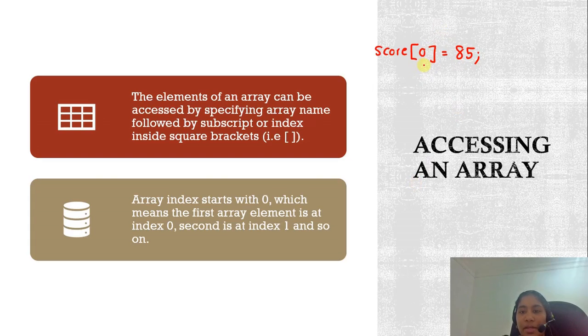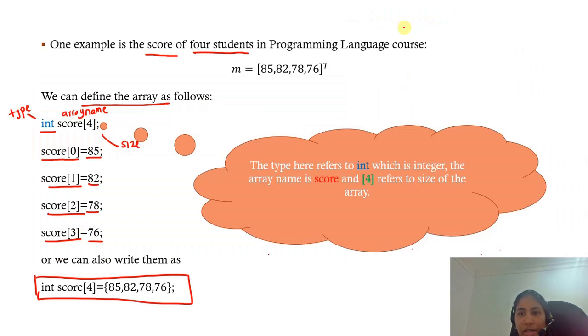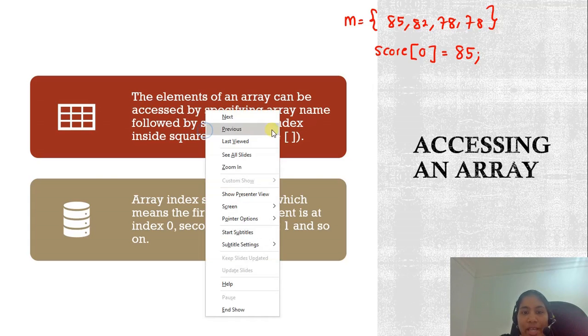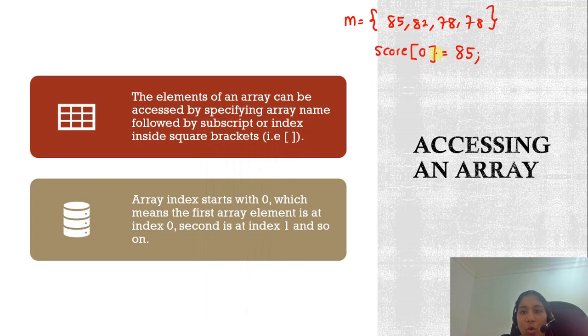The first element in the given data is 85, what's next? 82, 78, 76. So to access the first element here, you can write score bracket 0, 85, followed by a subscript or index inside the square brackets.